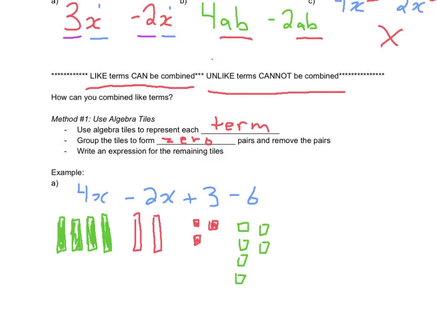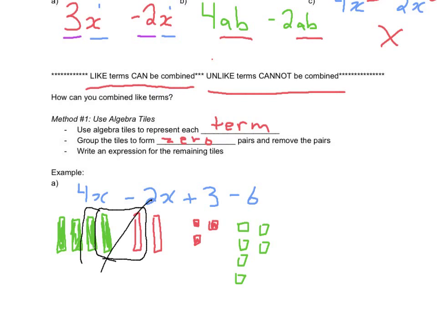The second step, remember, was to group the tiles to form 0 pairs. Basically, what we mean by that is you are going to match up any positive and negative. If we add a positive 1 and a negative 1, those cancel out. So I'm going to attempt to draw little circles around pairs that are 0. I just did that. That cancels out, that's going to equal 0.